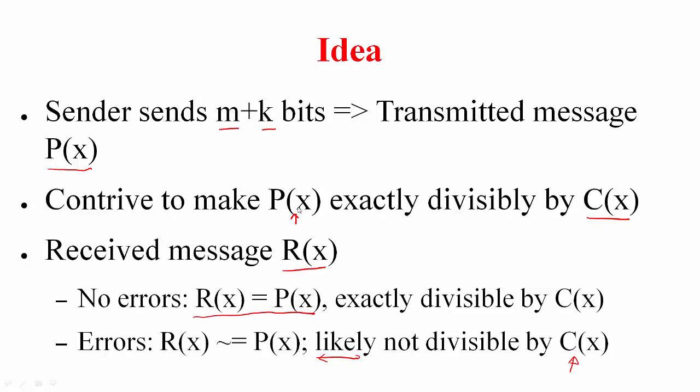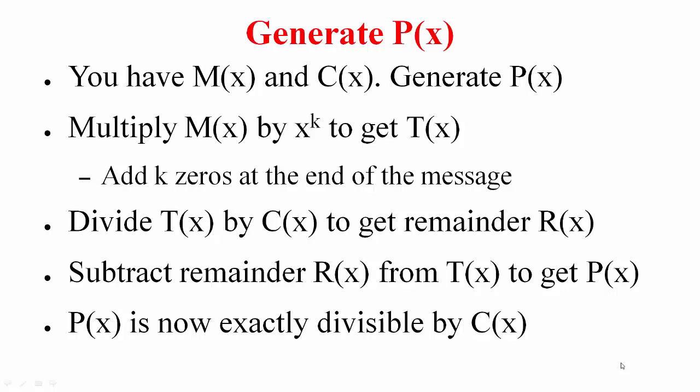So how do you make this Px exactly divisible by Cx? So you know Mx, which is the message, you know Cx, this is given. Now your goal is to generate the transmitted bits based on the polynomial here. So the first thing you do is you multiply this message by x to the power of k.